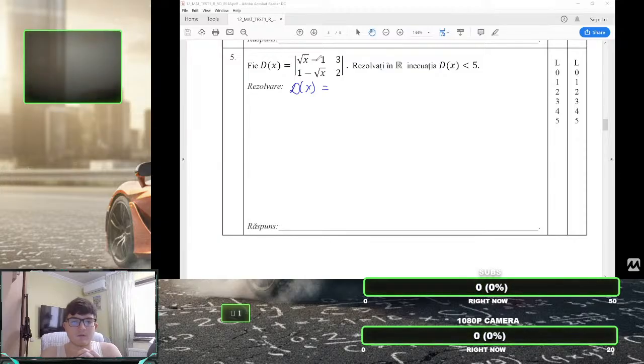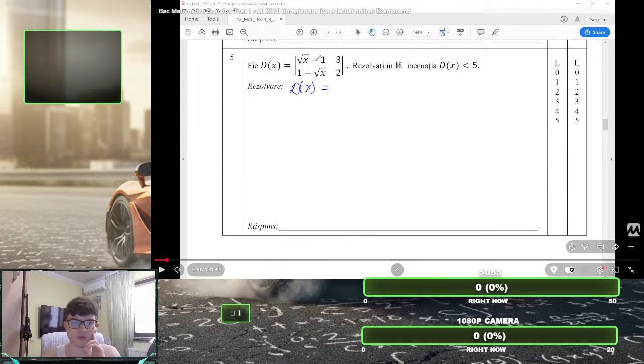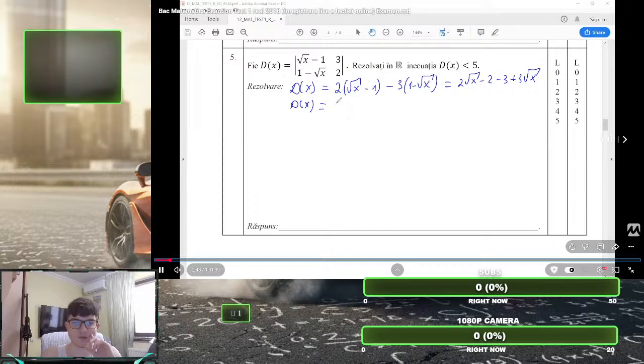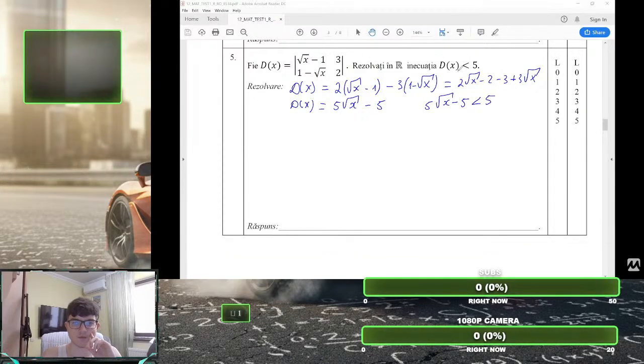You just multiply diagonally and minus the second part diagonally, so it's gonna be 2 times square root of x minus 1 in parentheses, and then minus 3 times that in parentheses, on the bottom left. Basically solve that. Just watch this, it's gonna get that minus 3 plus that, because there are 2 minuses, and so I have minus 5 right there, and that is smaller than 5.